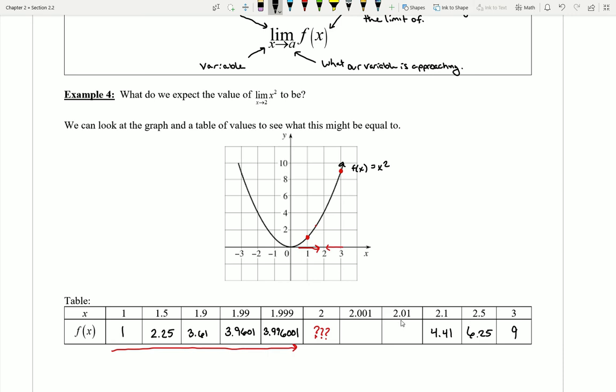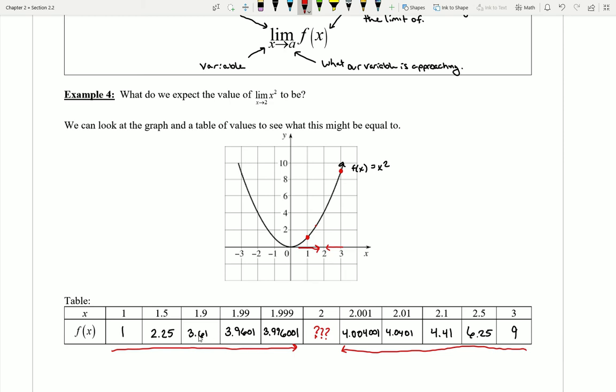If I plug in 2.01, notice I'm getting even closer to 2, I'm going to get 4.0401. And if I plugged in 2.001, I'm getting really close, I get a value of 4.004001. And so I can ask the question, let's look at those y values and see where it looks like they're going.